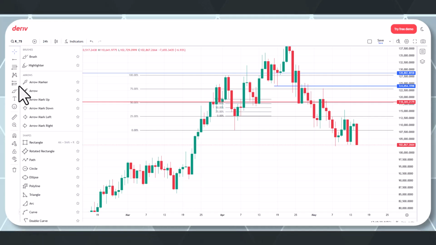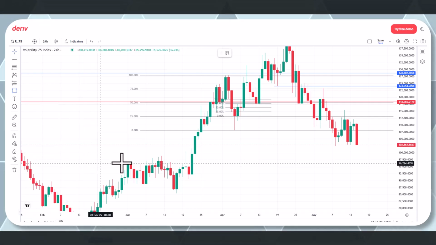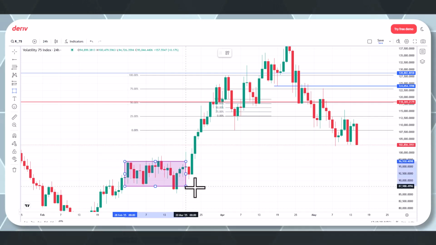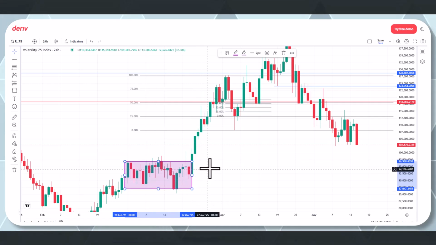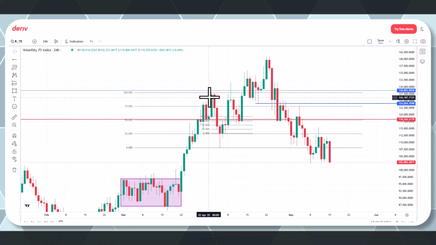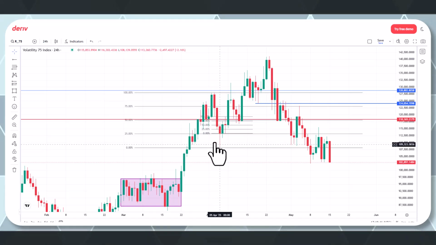So this consolidation was the first consolidation before the movement up into the sky, and then we had the first retracement leg in here, rallies up above this first accumulation block, and then that's the second retracement, and then finally we had the smart money reversal happening right in here.